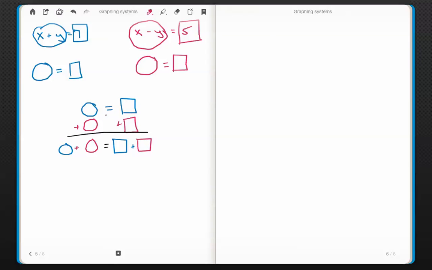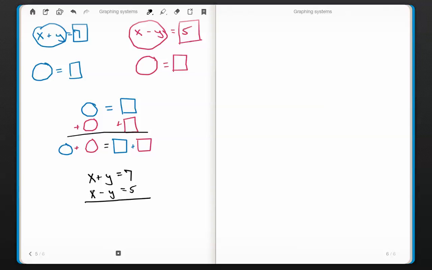So let's go through it, and I hope you believe this, that if I add the same thing to both sides, this whole thing remains equal. So let's write it out. If x plus y equals 7, and I add to that the red stuff, x minus y equals 5, and I add these together.